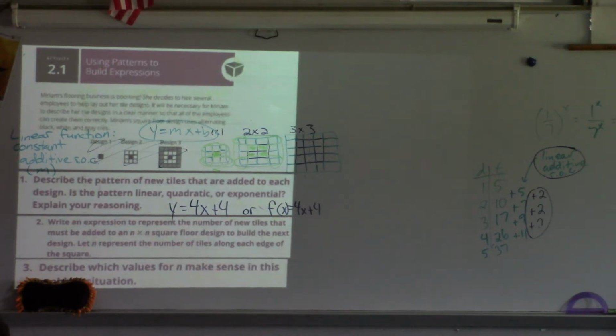And if you didn't know that, or if you didn't remember that, you need to write that note right here, right now under Activity 2.1 in huge block letters. Identify the rate of change first so I know the type of function.